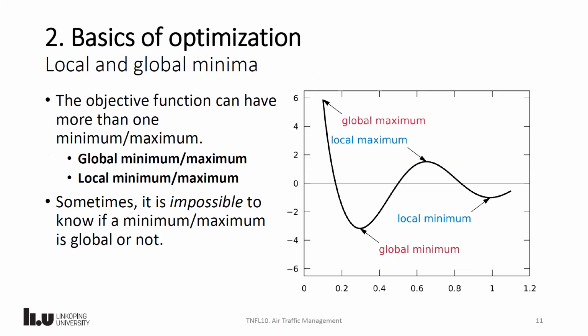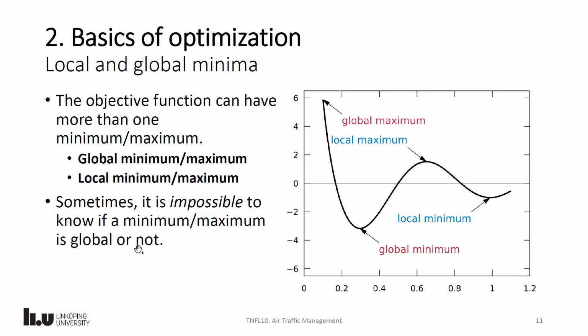Another thing to have in mind when talking about optimization is that an objective function can have more than one minimum or maximum. It can have a global minimum and maximum, which are the lowest value of the minimum or the highest value of the maximum, and the local ones, which are all the maximums and minimums in between.